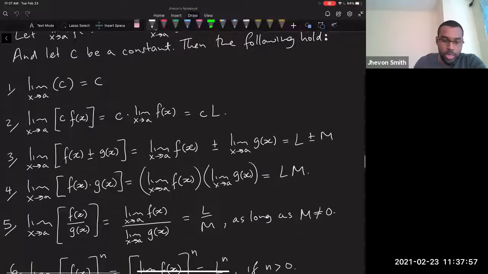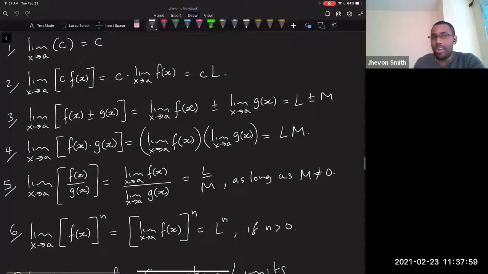We also looked at some properties of limits. We saw that limits were very, very nice in terms of the mathematical properties they satisfy. In fact, I can't think of something that's nicer that we would have seen before calculus class than this. The limit of a constant is a constant. You can factor constants in and out of a limit. Limits distribute across sums, products, and divisions.